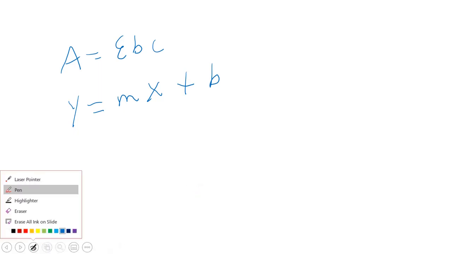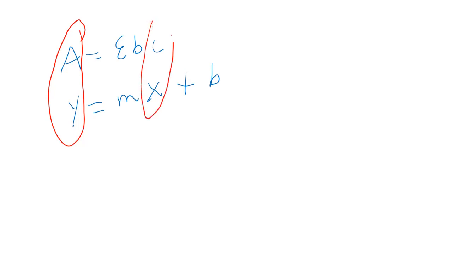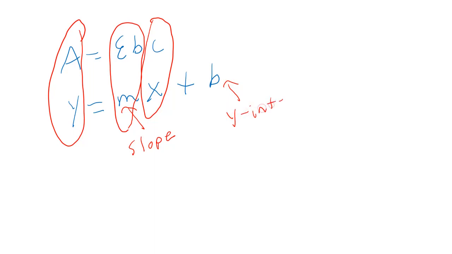So if we compare this, on our y-axis we're going to have absorbance, on our x-axis we're going to have concentration, and then our slope is going to be our path length times the molar absorptivity. And then b is your y-intercept.